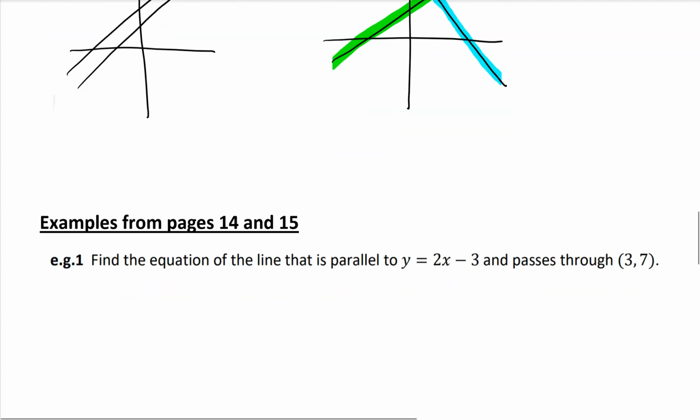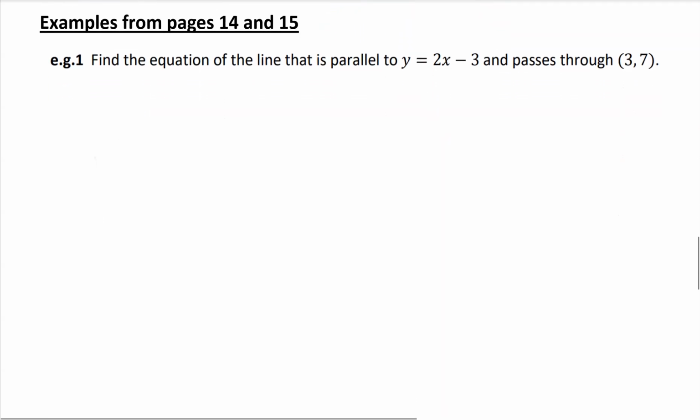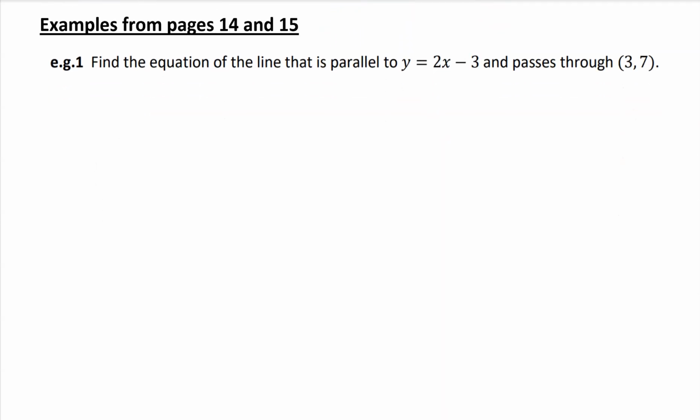So then what we're going to do is look at how we can find the equation of parallel and perpendicular lines. In our first example from page 14, we're going to find the equation of a line that's parallel to y equals 2x minus 3, and it passes through the point (3, 7).